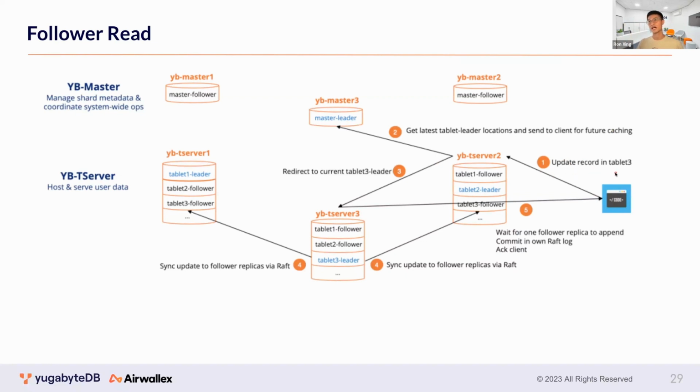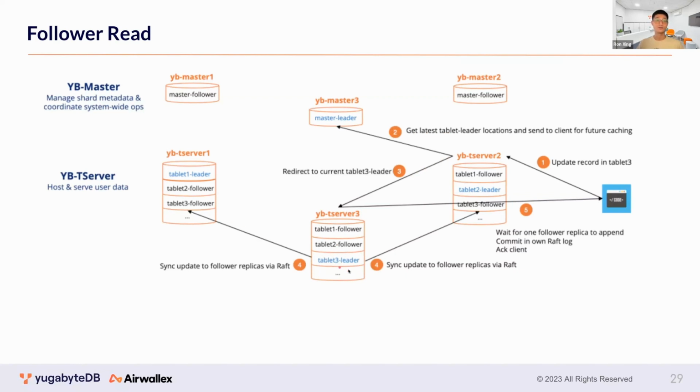If you issue an update table and record, then this request will be routed to the master service to get the latest tablet location, the leader location. Then it will redirect this request to the leader. It will commit on the leader.